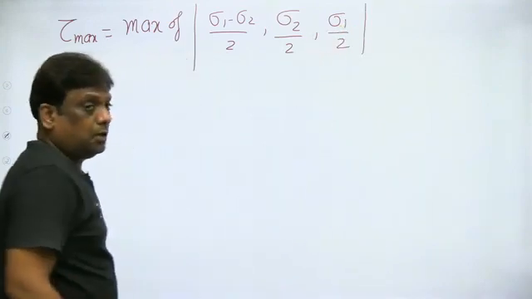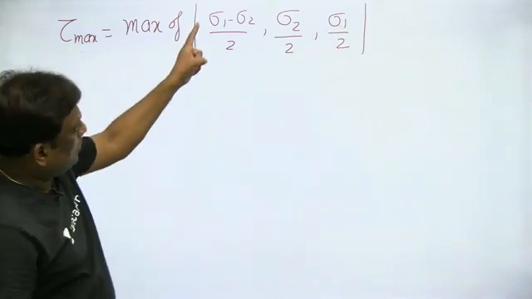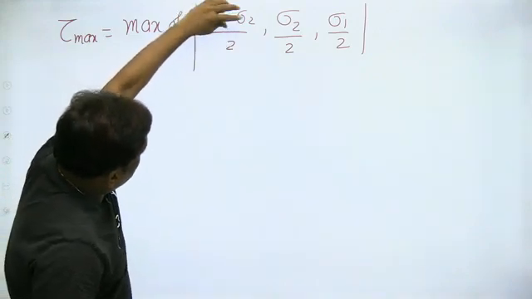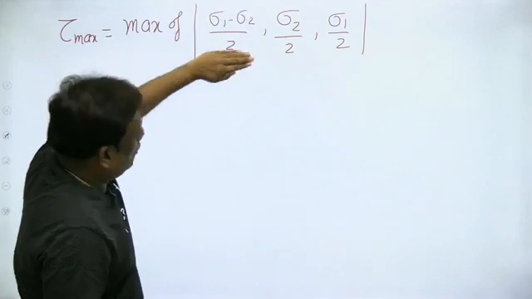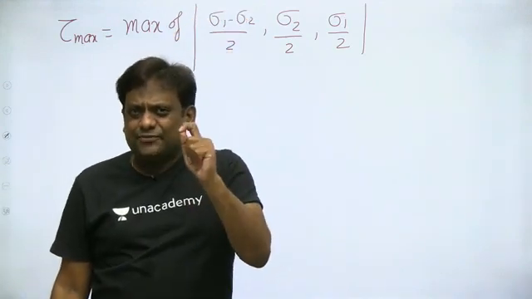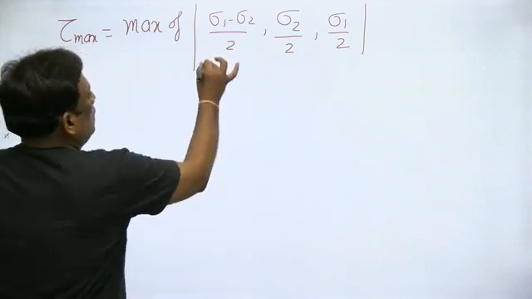Look carefully. When both are of opposite nature, minus of minus will be plus and this value will be more. I repeat, when both are of opposite nature, the absolute maximum is this one only.